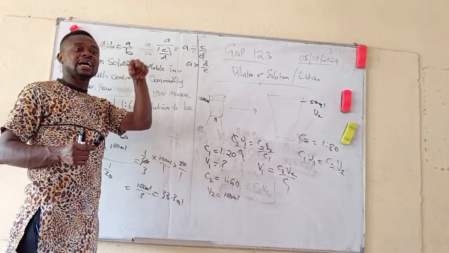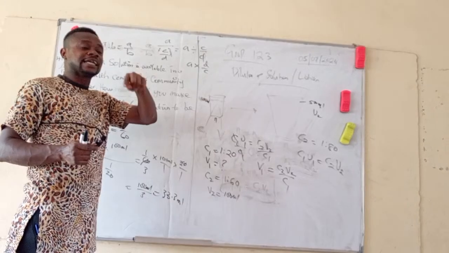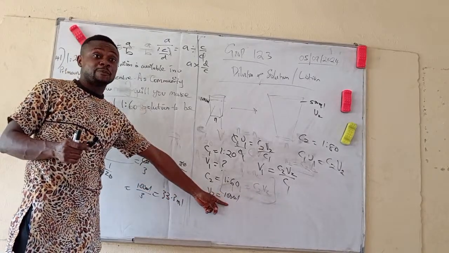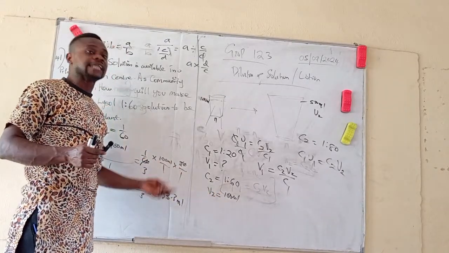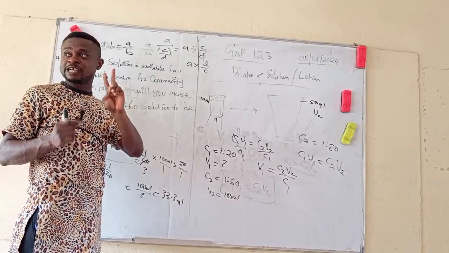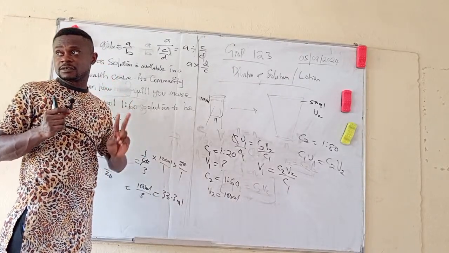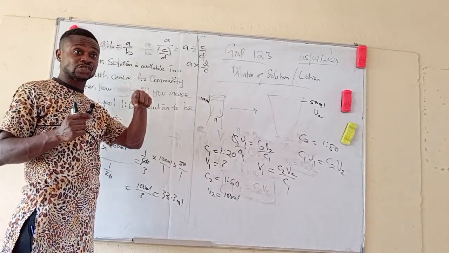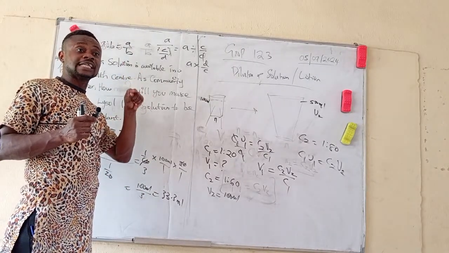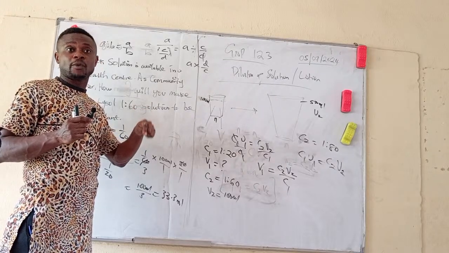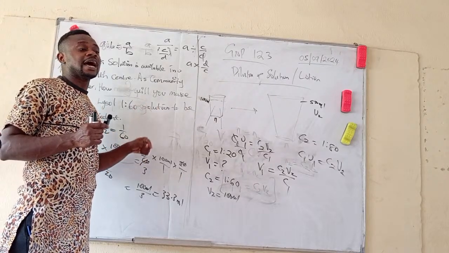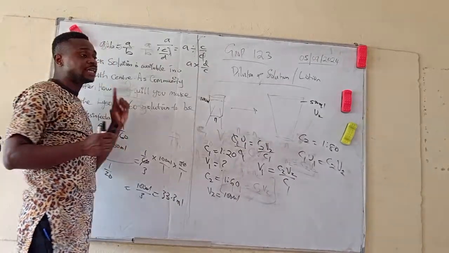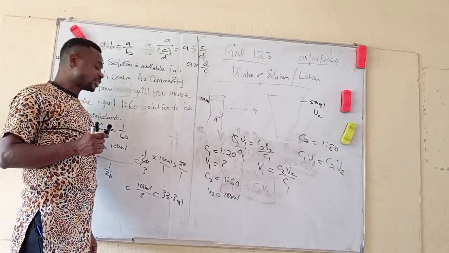A given stock solution has a volume of 3.33 ml, to two decimal places, and a concentration of 1:20.